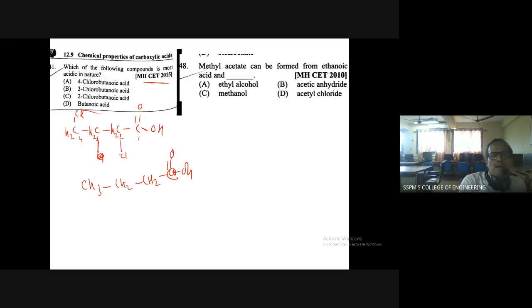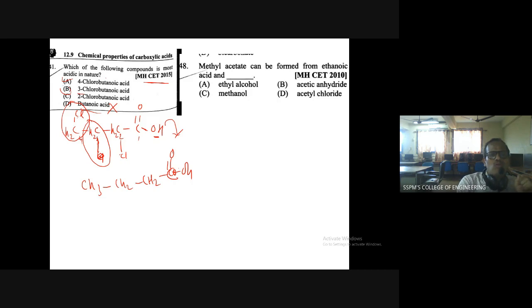Effect of chlorine is there, but that is less. Okay. Now, if you see the second compound B, 3-chloro, so this is what the second compound, 3-chloro.